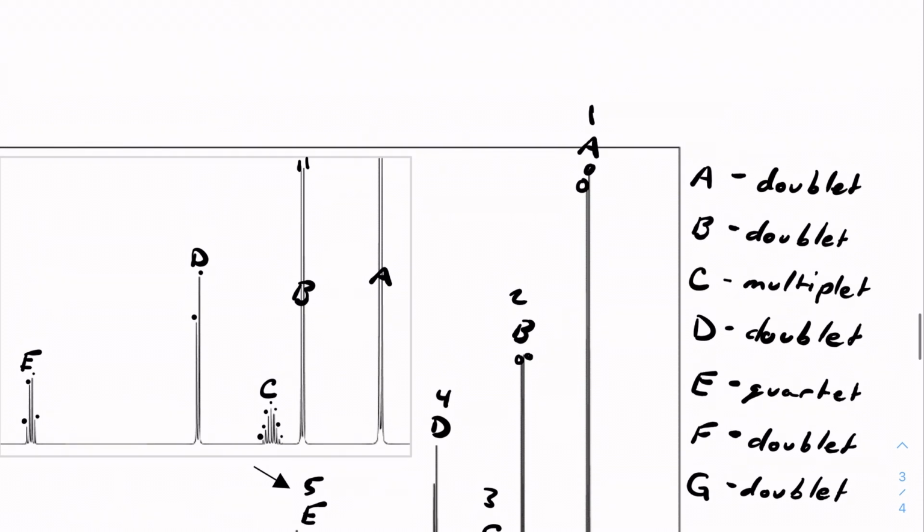So what we can do next is go through and figure out the number of protons at each signal.